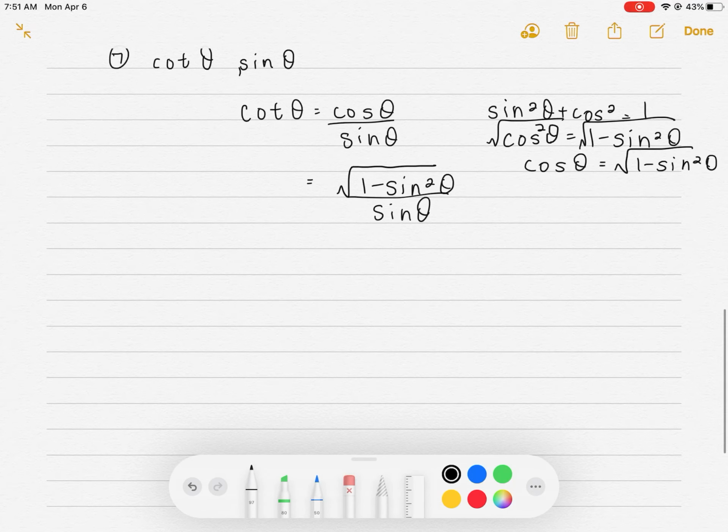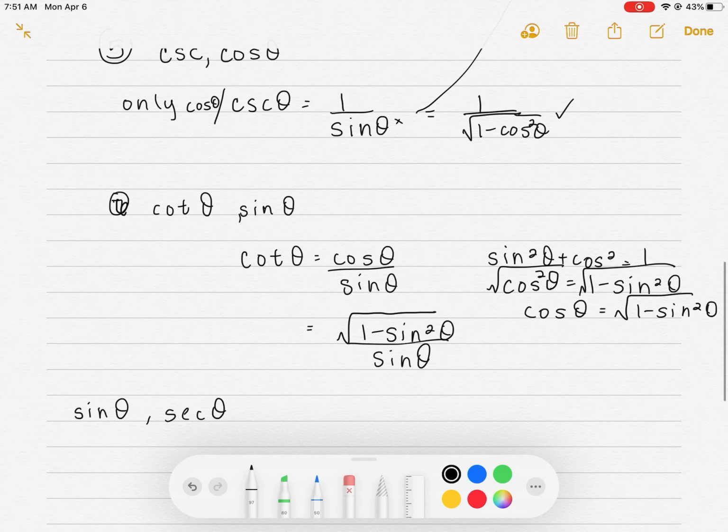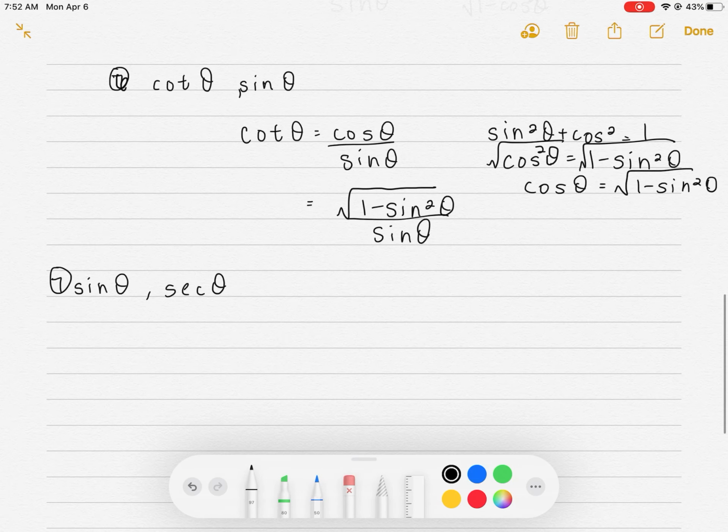All right, let's rewrite sine of theta in terms of secant of theta. This is number 6. This will be number 7.